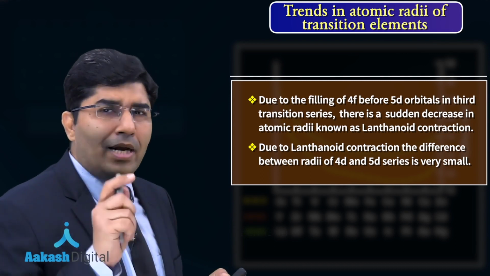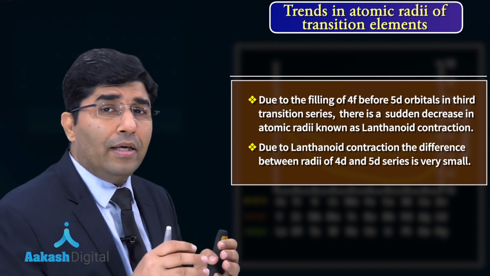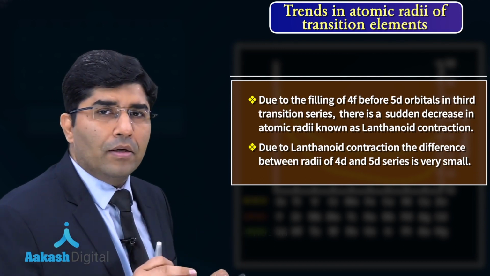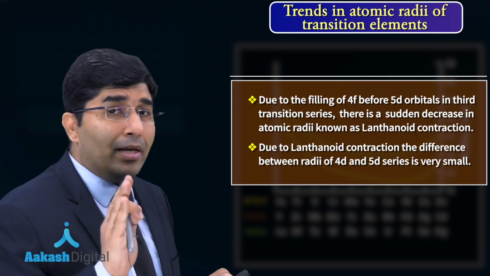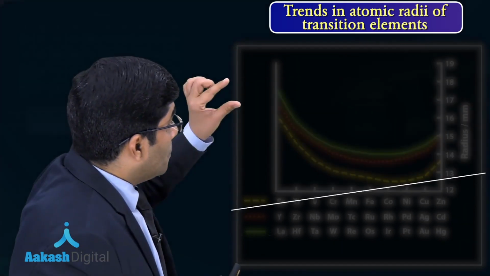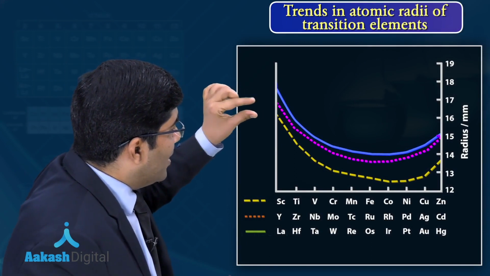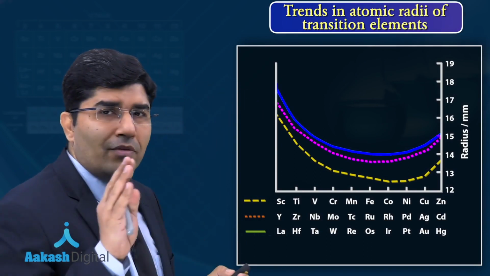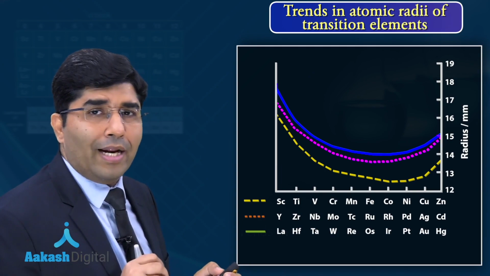We will talk about the lanthanoid contraction when we study the f block elements, but for now if anybody asks you why the gap between the 4d and the 5d series in this graph, your answer will be lanthanoid contraction.